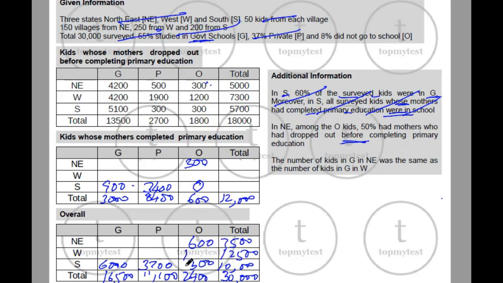24 minus 9 will be 1,500. 1,500 minus 1,200, this number should be 300. I can also find the totals here. 7,500 minus 5,000 will be 2,500. 12,500 minus 7,300. 12 minus 7 is 5, 5 minus 3 is 2, so 5,200.